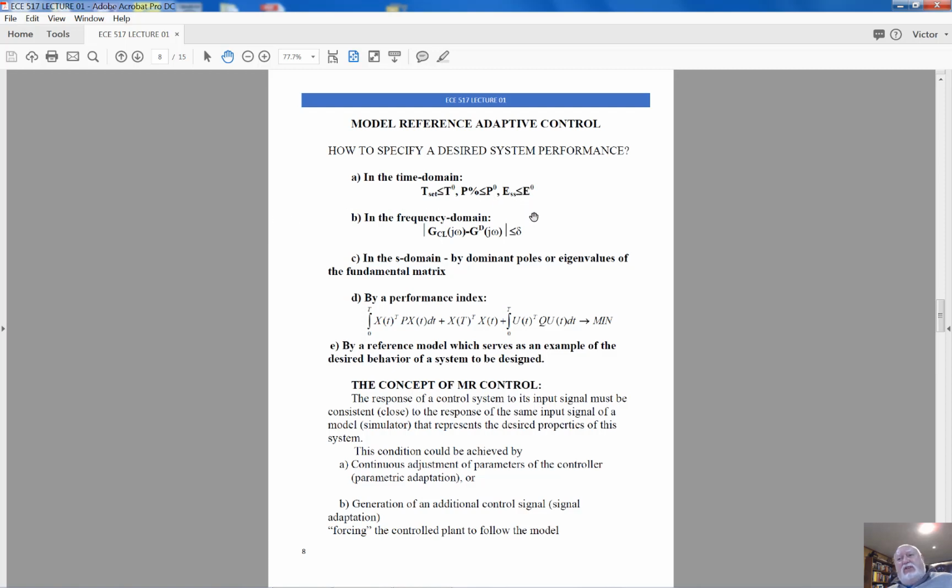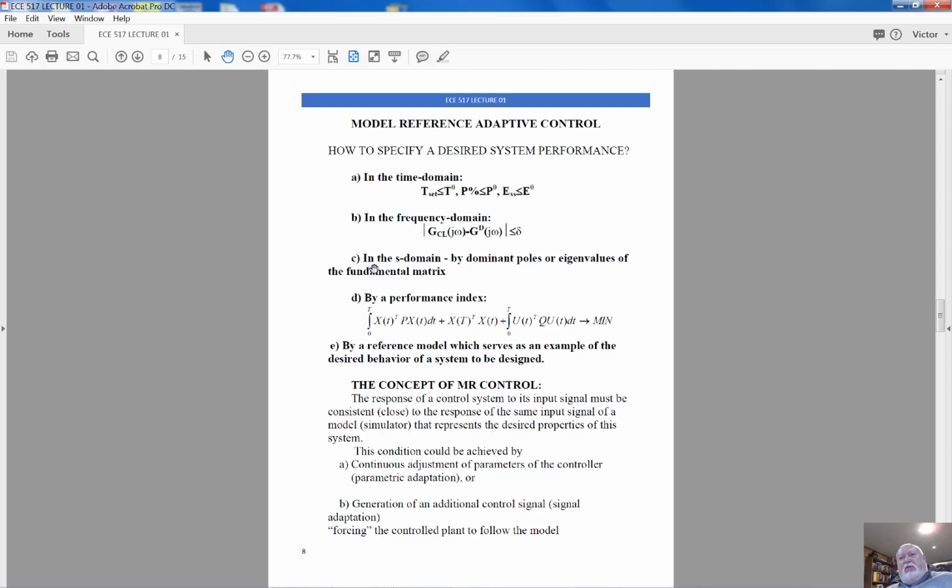It could be frequency domain specification. For example, we want a particular bandwidth, we want particular disturbance rejection, we want an acceptable difference between the desired and actual closed loop frequency characteristic of the control system.